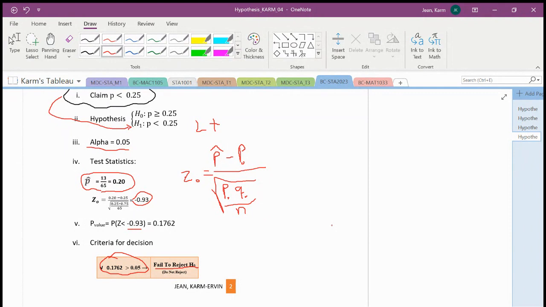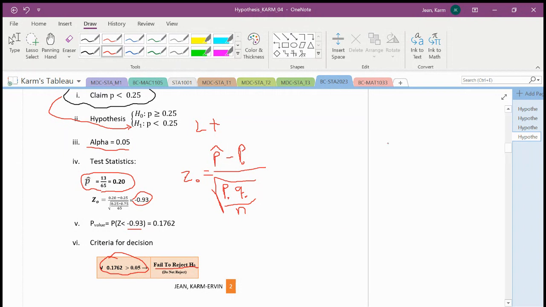Again, the claim is with H1. Can you rephrase that? Because the claim is with H1, and we say failed to reject H0. So not enough evidence to support the claim.